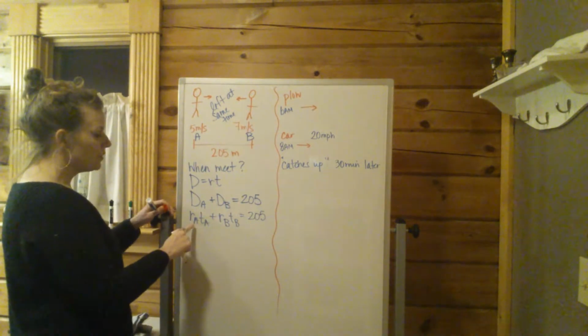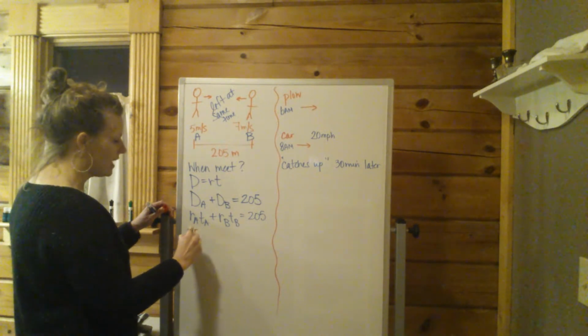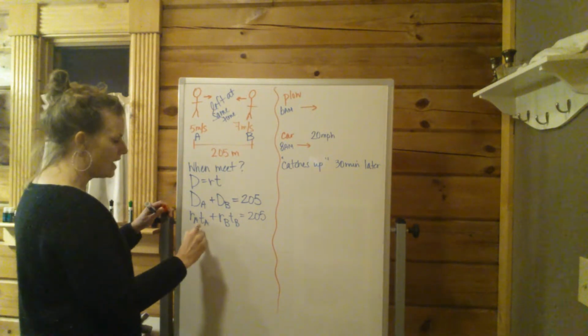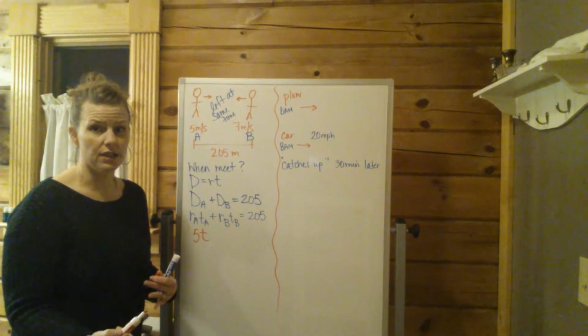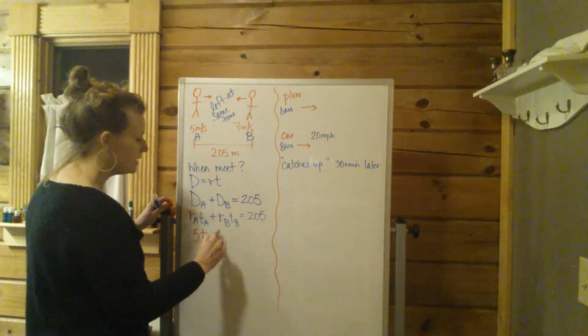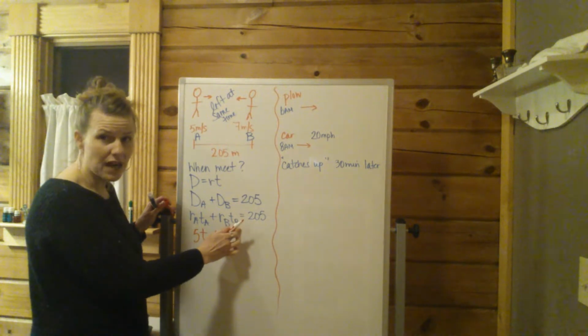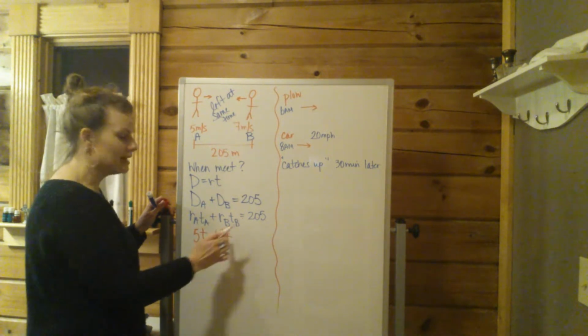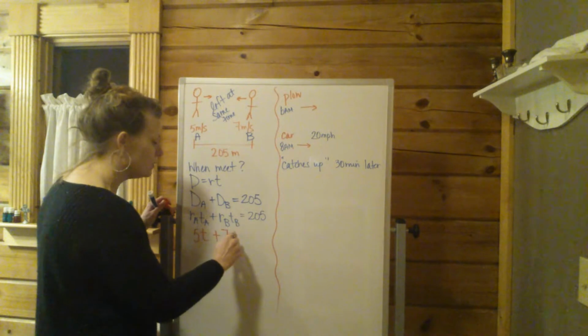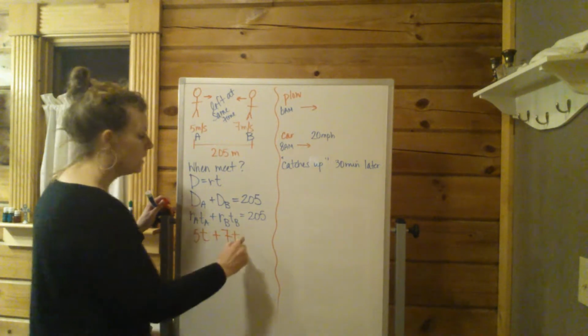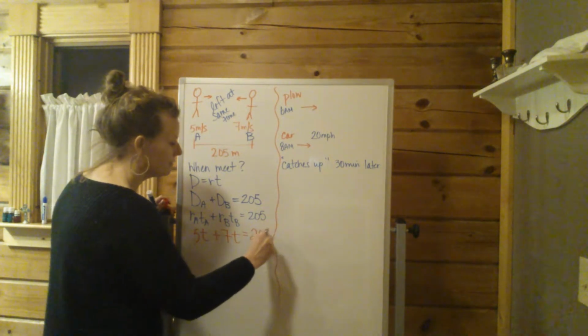In other words, the rate of guy A is 5. The time of guy A, we're just going to say T. That's our unknown. Plus the rate of guy B is 7. The time of guy B is the same as the time of guy A, right? So we're going to use a T for him as well. Now that equals 205.